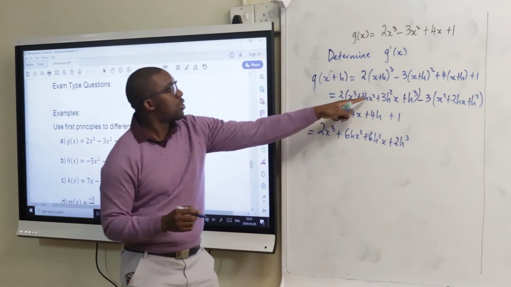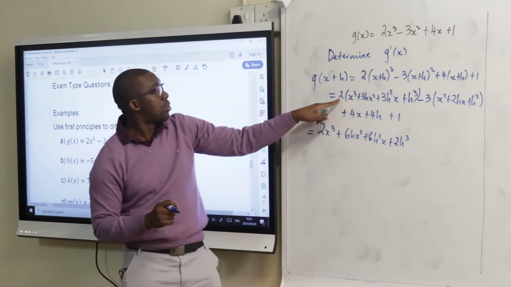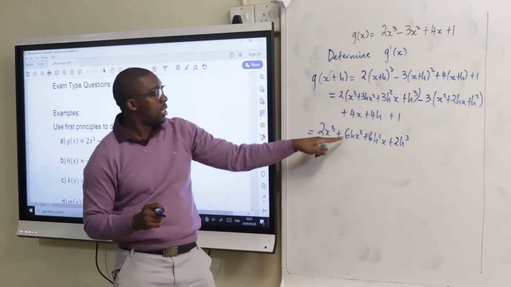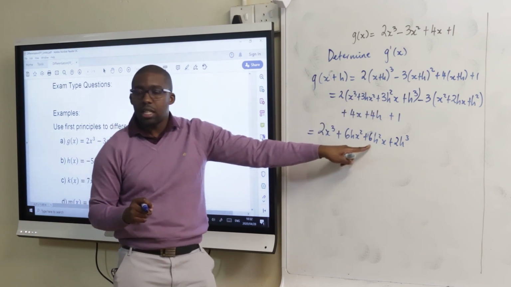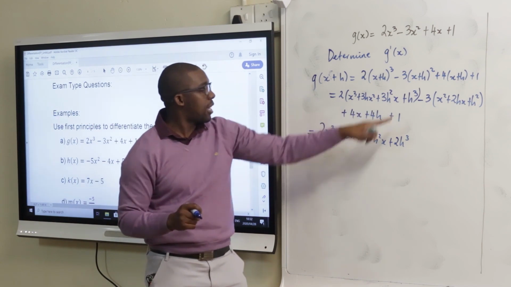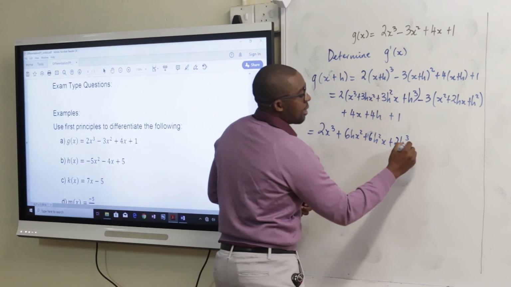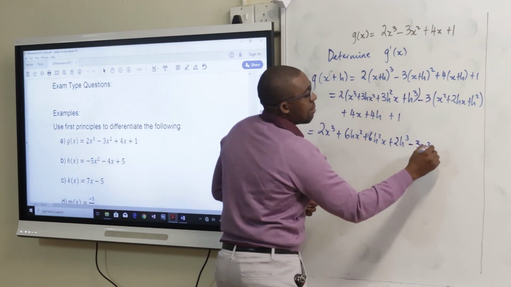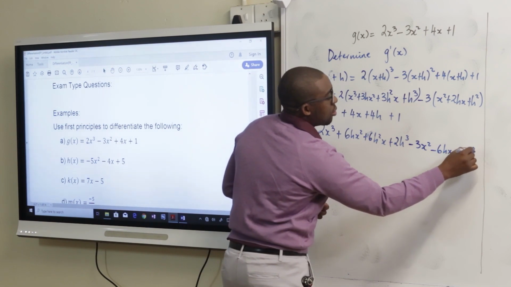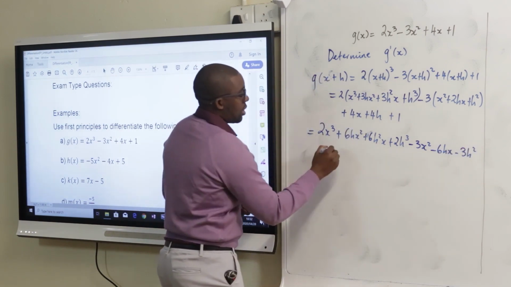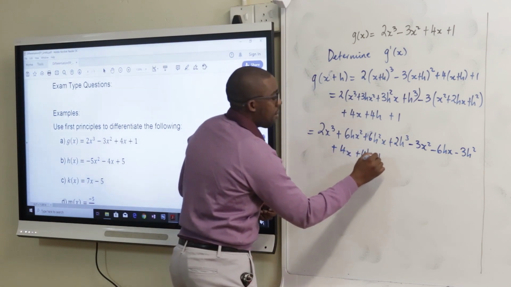You are distributing that 2 across, so it will multiply everything. 2 multiplies x cubed, 2 multiplies 3hx squared, hence the 6. 2 multiplying the same 3 will get another 6. Then 2 multiplying h cubed will get 2h cubed. Then 3 multiplying that, minus 3x squared minus 6hx minus 3h squared. This is already simplified: plus 4x plus 4h plus 1.